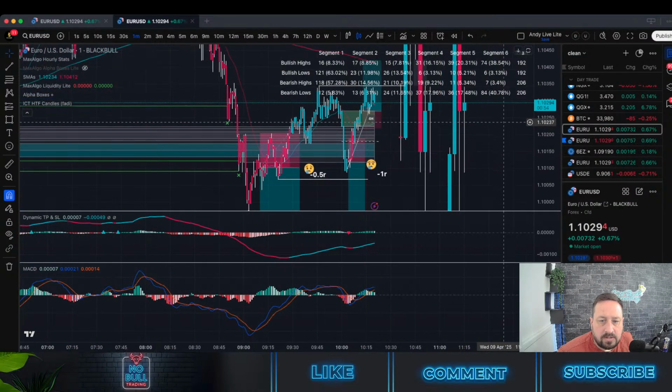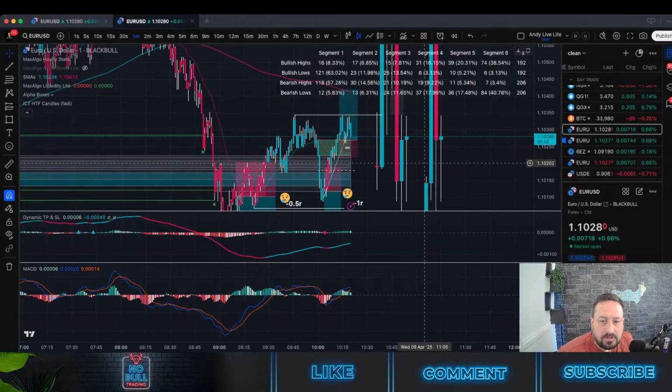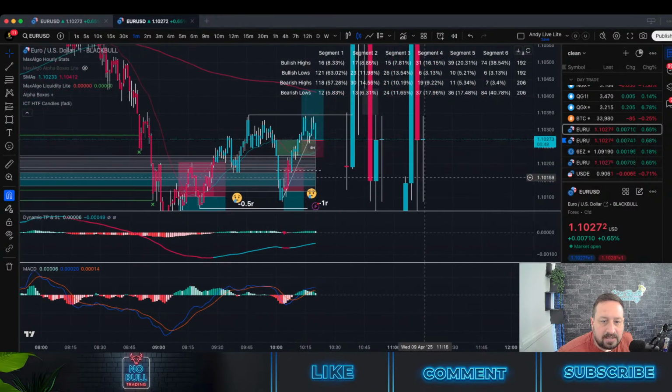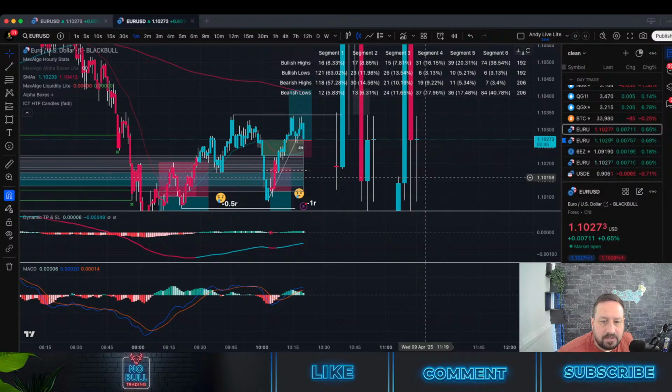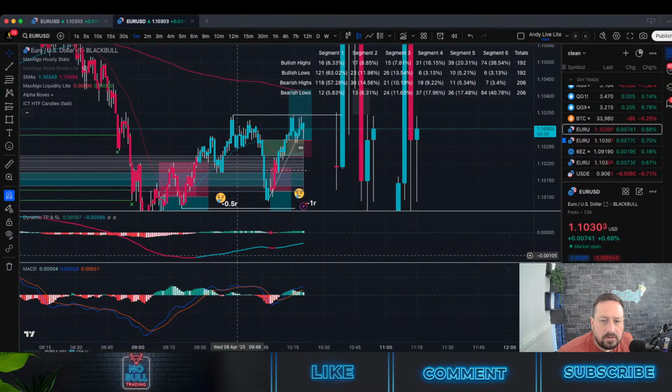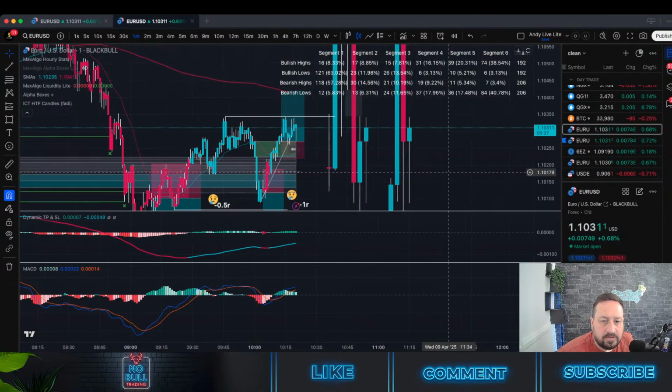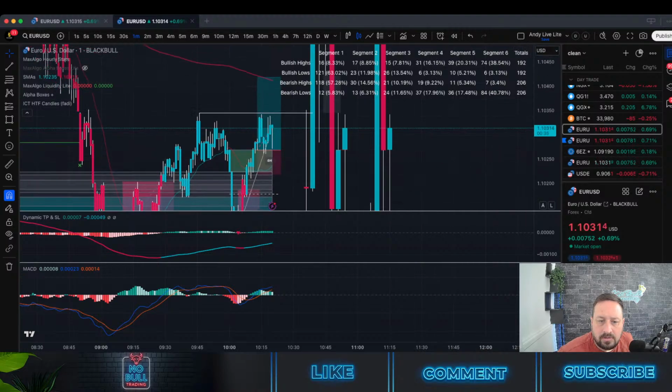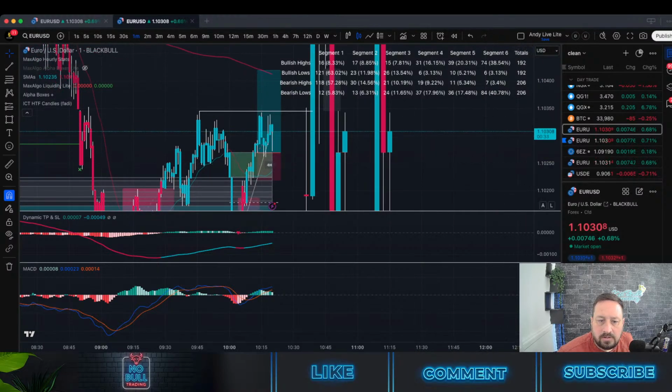I'm alright, right? So see, we come back and we test. It's like that reaction out. We don't want to see this reaction back. Want to see price break through. Just kept us in.